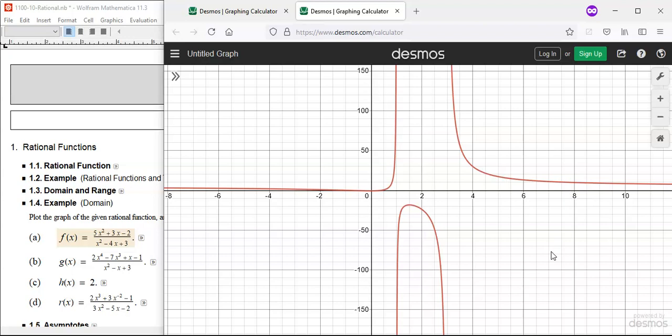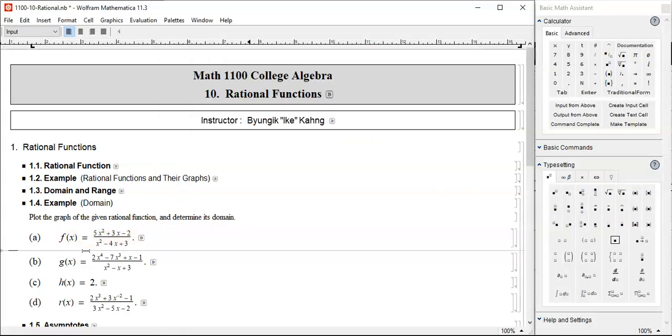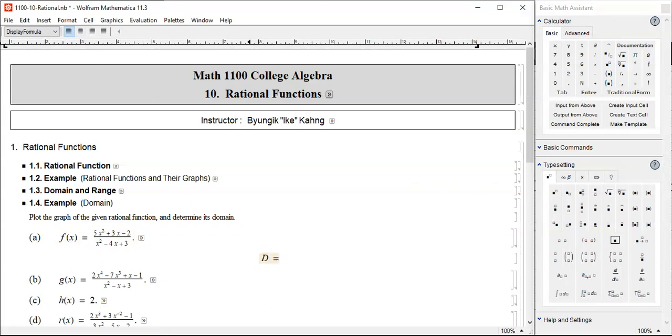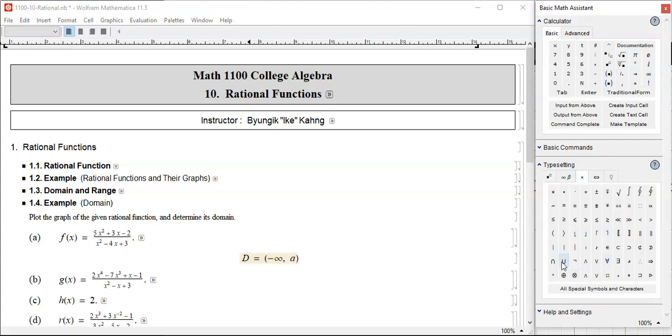So let's go back to what we learned in chapter 3 or in module 5. 3 curved pieces. So the domain must consist of 3 intervals. Does everybody recall that? Negative infinity to A, and then union, A to B, union, B to infinity.